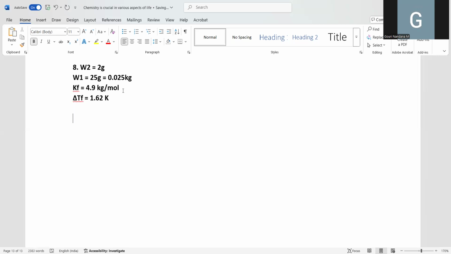Okay, so molality, that is small letter m, is equal to moles of solute divided by kilogram of solvent, which means that is W2 divided by M into W1.